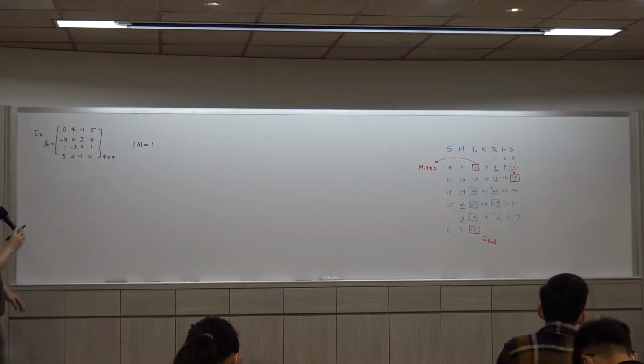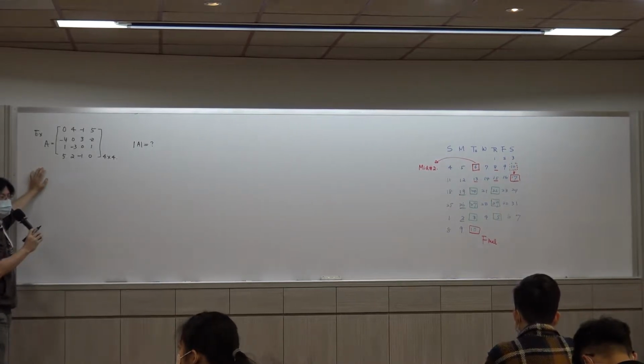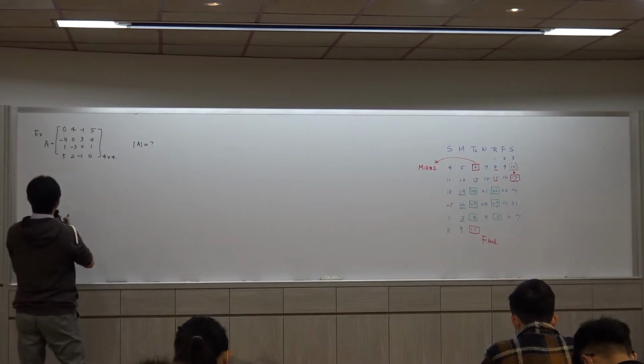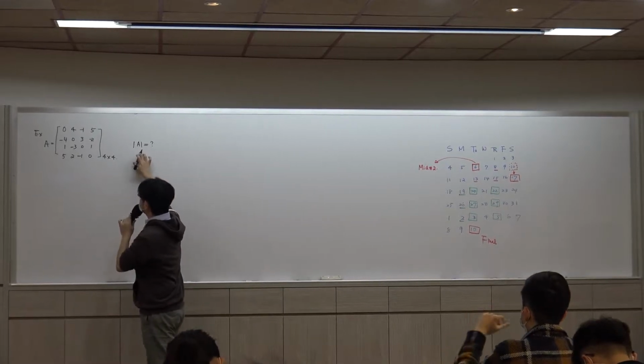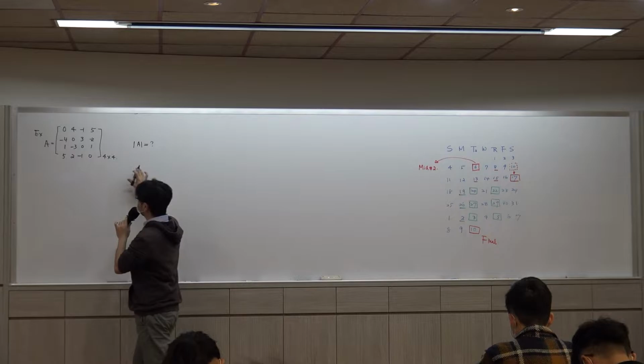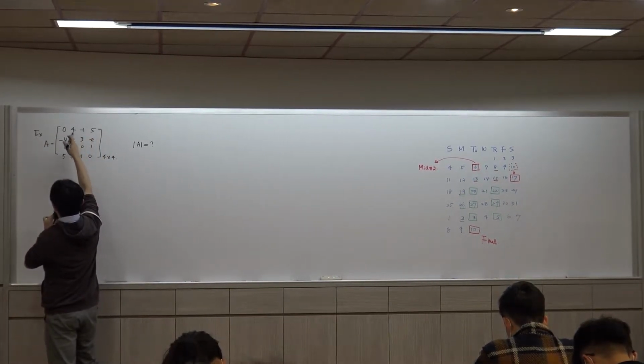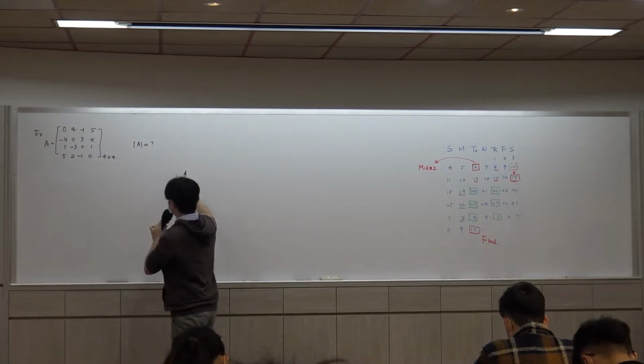Okay, let's move on to the determinant operation. If we want to obtain the determinant of a 4x4 matrix, we can use expansion along a row or a column.